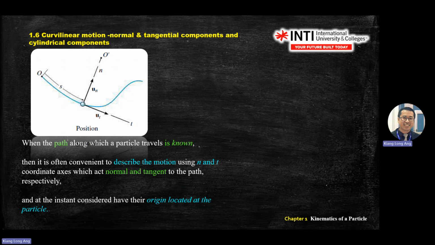This is the center of this curve. The relationship between tangent and normal is that they are 90 degrees. So basically just use your ruler, put it there, pointing to the center of the curve. You draw the axes, then you will get UT and UN.